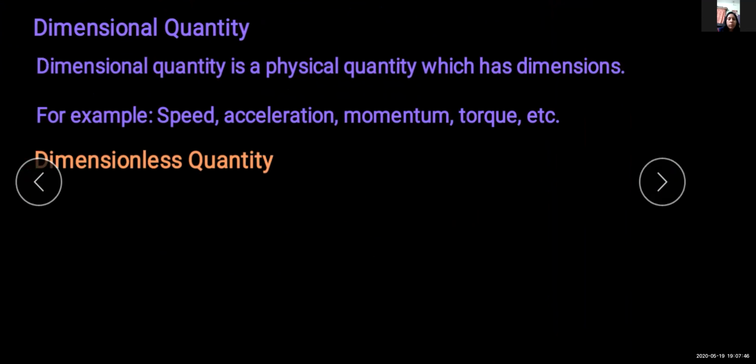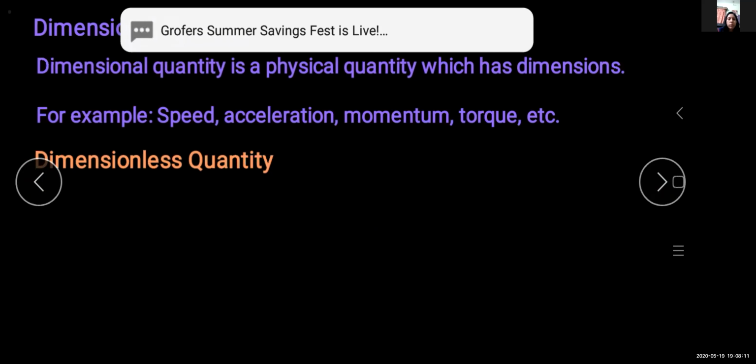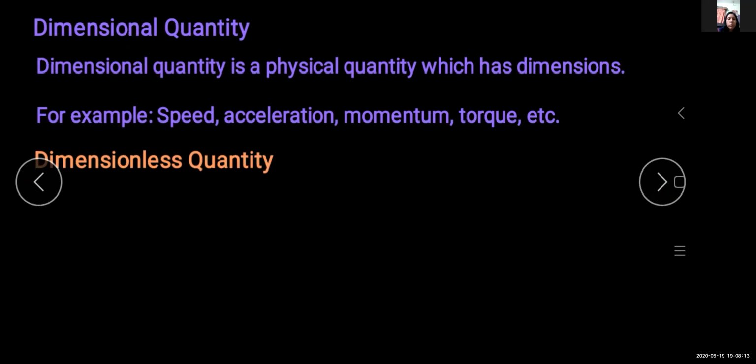If I take the example of speed, since the unit of speed is meter per second, we can write [LT^-1]. And the dimension of acceleration is [LT^-2], since its unit is meter per second square. Write the dimensions of momentum and torque by yourself.